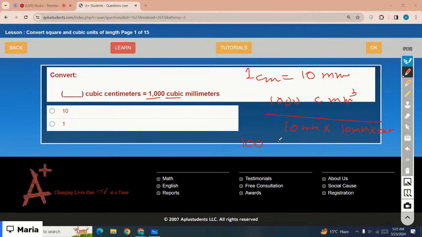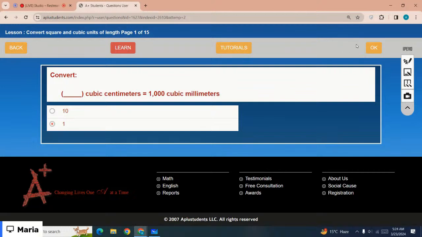When you multiply them, that equals 1000. 1000 cubic millimeters divided by 1000 cubic millimeters cancel out each other. You are left with 1 cubic centimeter. The correct option is 1 cubic centimeter.